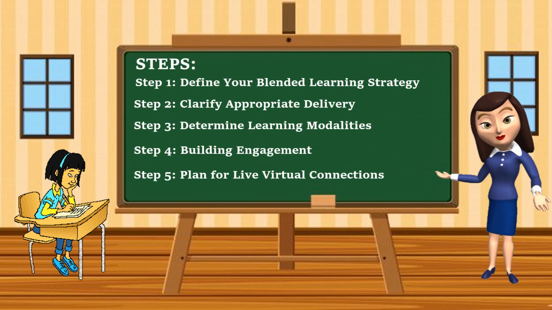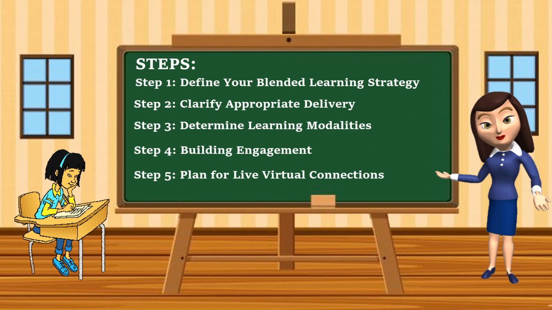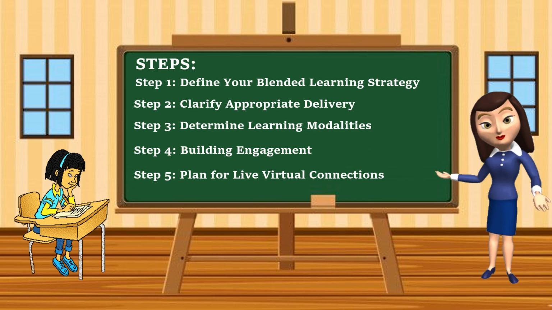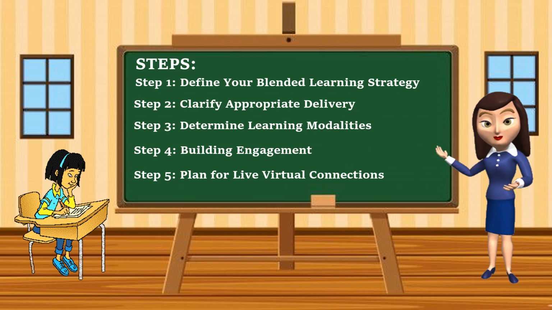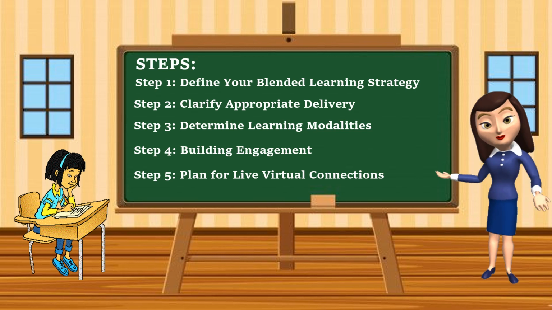So let's proceed to the steps of blended learning. Step 1. Define your blended learning strategy. So you need to determine first what is your blended learning strategy. If it is blended learning in the traditional classroom, self-paced online instruction, or collaborative web conferencing.